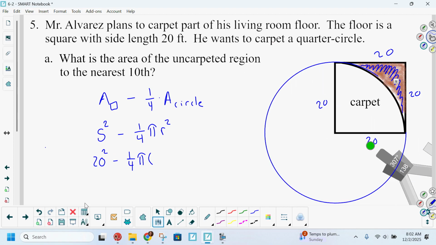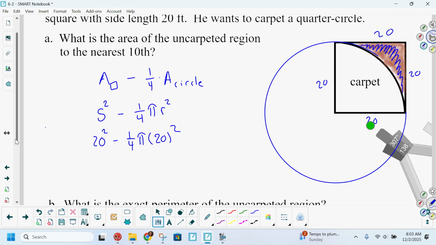So the radius is 20. It does say nearest tenth, so I actually want to figure out what this is. I could just simplify it and do 400 minus, and 400 times a fourth is 100 pi.